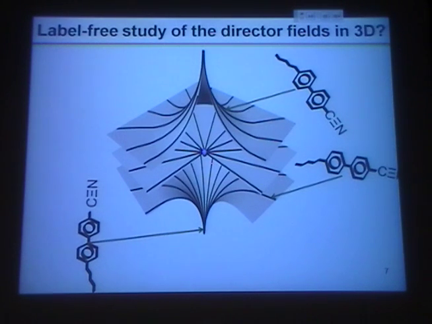So if we take a three-dimensional texture, and the simplest one perhaps is this texture around a point defect in liquid crystal, the hyperbolic point defect you see here, you would realize that those lines of director field represent nothing else but the local average orientation of liquid crystal molecules.